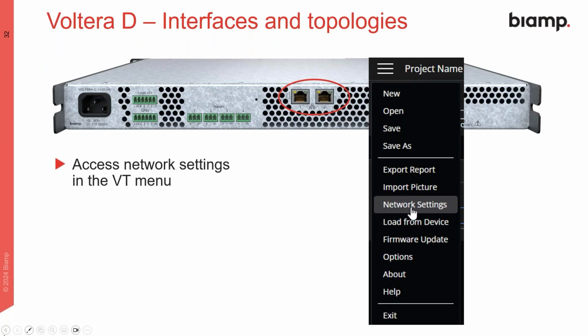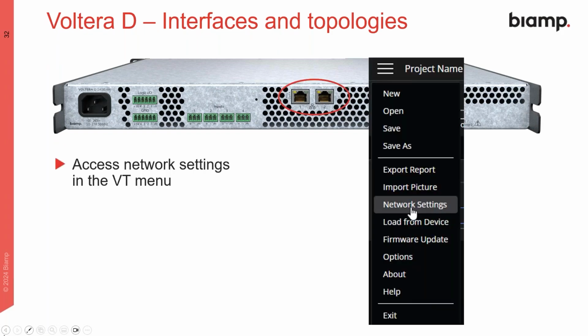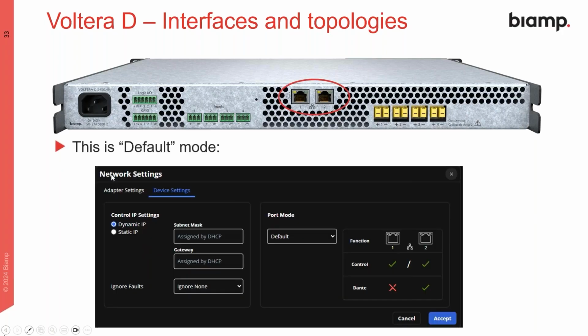Out of the box, you might not need to even touch the network settings, but if you get into the menu and you want to look at your network settings and your device settings now, we're not on adapter settings anymore.